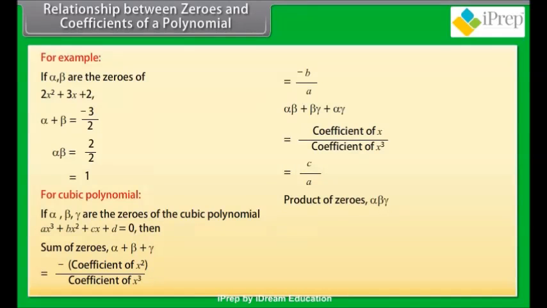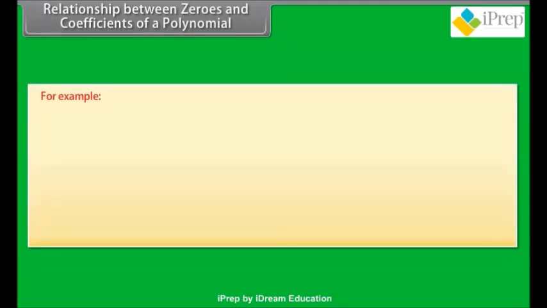Product of zeros, alpha beta gamma, is equal to minus constant term upon coefficient of x³, which equals -d/a. For example, if alpha, beta, gamma are the zeros of 4x³ + 2x² + 3x + 1, then alpha + beta + gamma is equal to -2/4.